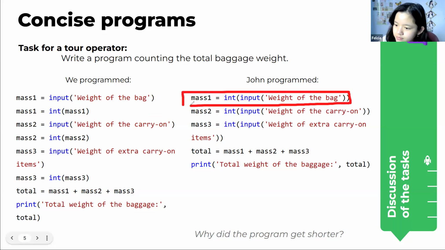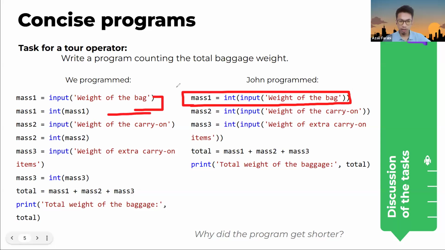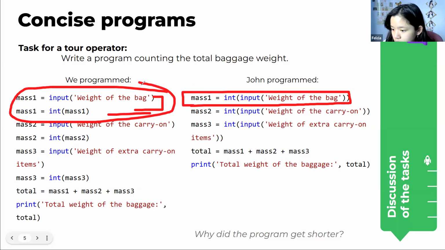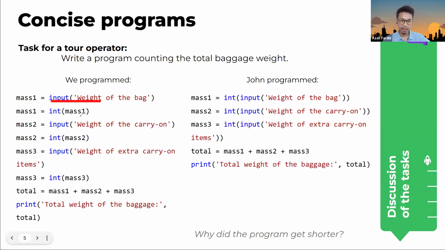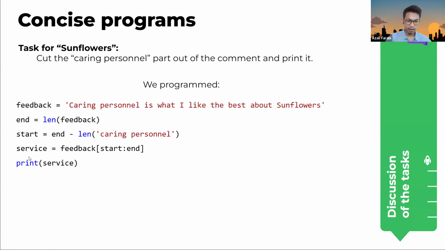I mean, if you measure the time, which one is longer, this one or this one, this one will be longer. Okay, Felsia? And this is called concise, where you nested input inside int. Okay. So now, what else?